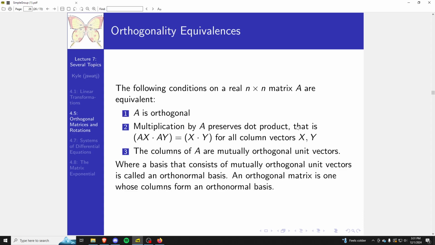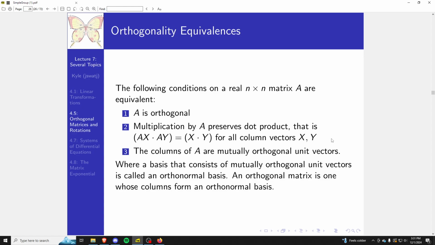I think this should be a proposition, but that's fine. The following conditions on a real n by n matrix A are equivalent: A is orthogonal; multiplication by A preserves the dot product, so AX dot AY is the same as X dot Y for all column vectors; and the columns of A are mutually orthogonal unit vectors.